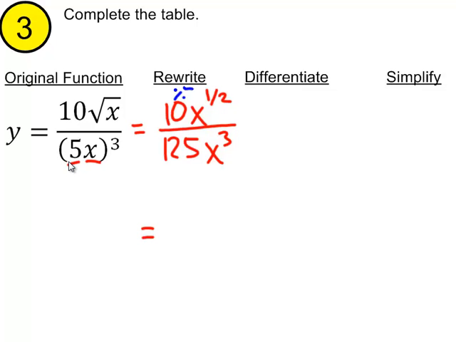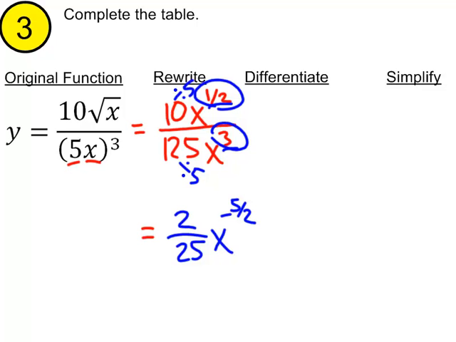If I divide the numerator and the denominator by 5, I'm going to get 2 over 25. And if I do my exponential rules, x to the 1/2 over x to the third is going to give me x to the negative 2.5, or negative 5/2. So I'm just doing my 1/2 minus 3 to get that negative 5/2. All right, again, I haven't even done any calculus yet. That was just algebra.